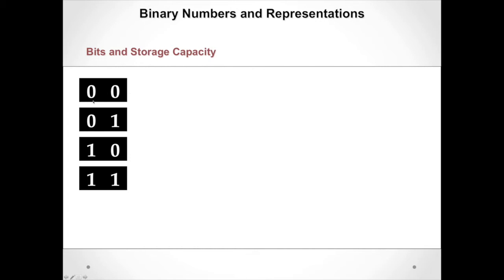On the other hand, you may use this to represent numbers, so this will be 0, 1, 2, and 3. It all depends on what sort of data you want to represent using the number system. This could be emoticons. You could use this to represent emoticons of different types, and you have only 4 types.